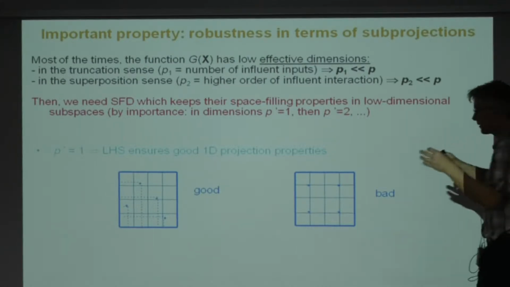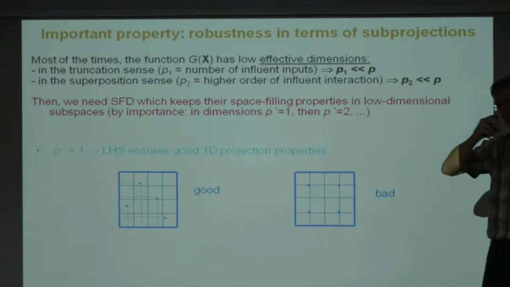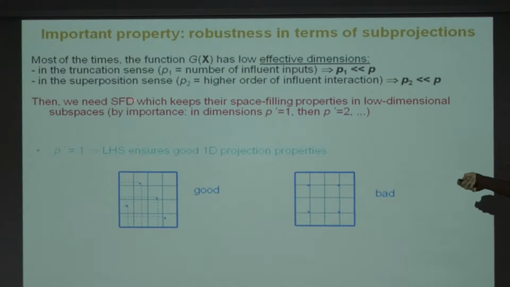It would mean that it's a conjunction of all the combination of the p variables that has an effect. It does not happen. Most of the time you can have interaction of order 2 or 3, and the effective dimension in the superposition sense is this higher order of influential interactions. So this is the second thing.